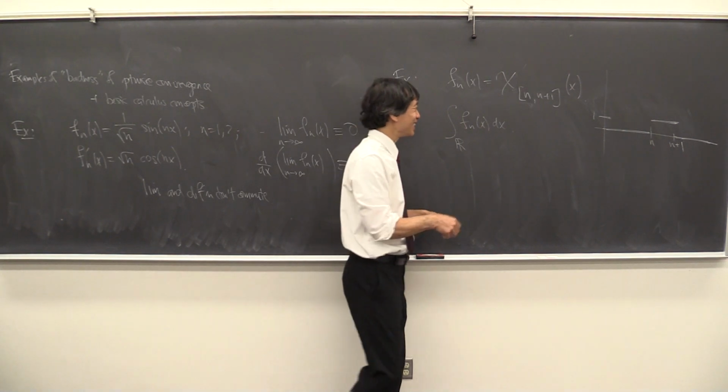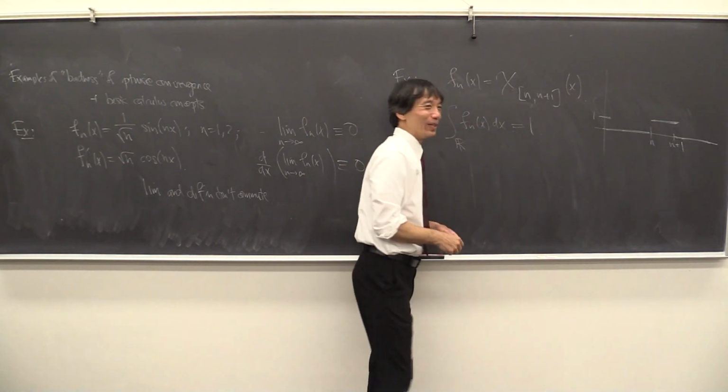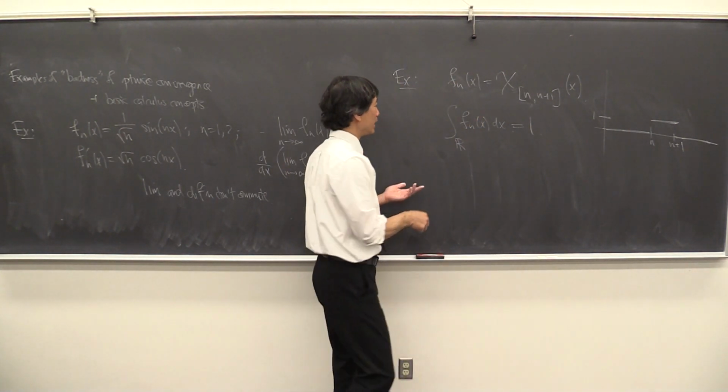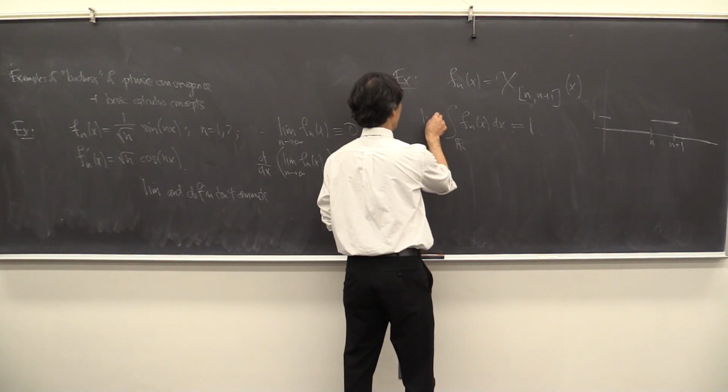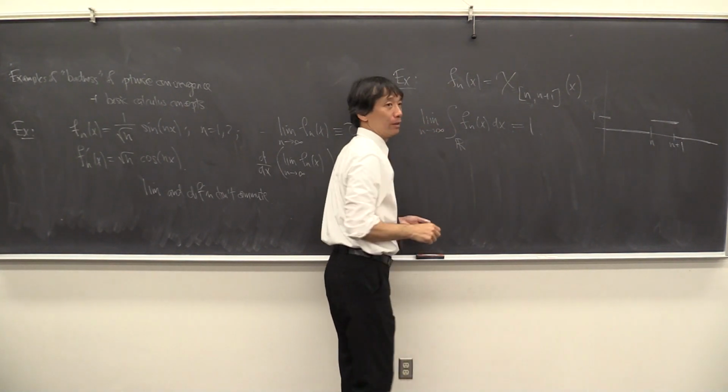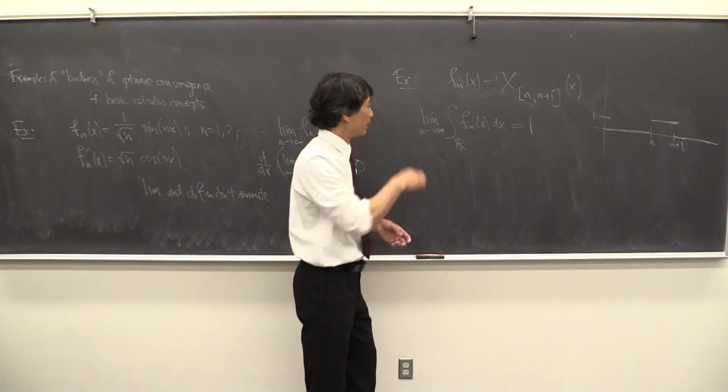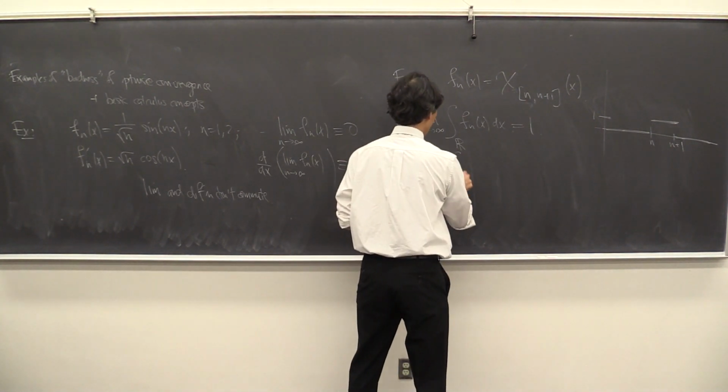1. Yes. The integral is 1. And if I take the limit of those integrals, I still get 1. But suppose I try to take the integral of the limit.